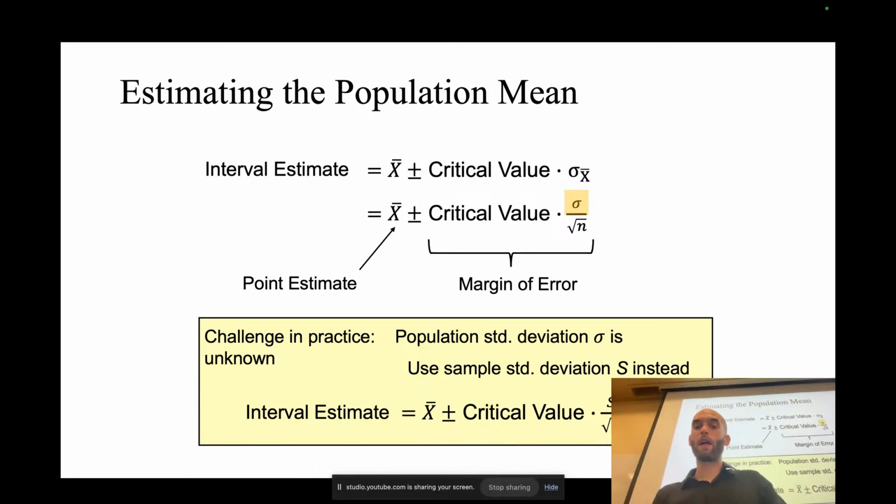And then we multiply that by the standard deviation of the sample, our S, and then we divide that by the sample size. You'll remember from the central limit theorem, our distribution gets tighter and tighter around the mean when n gets larger. So we have to divide the sample standard deviation by the square root of n.